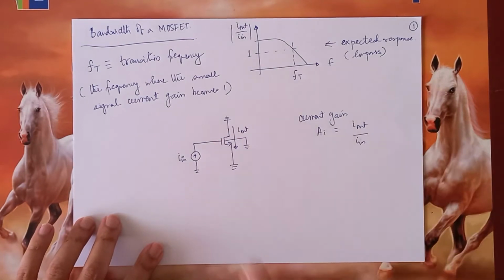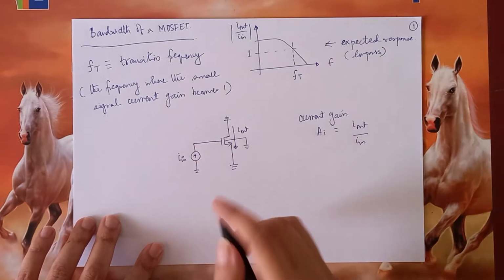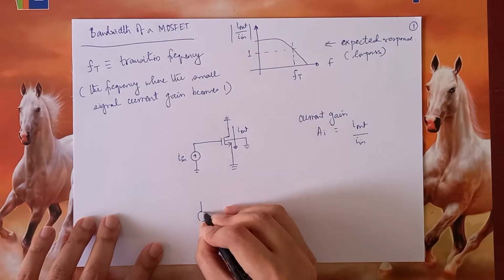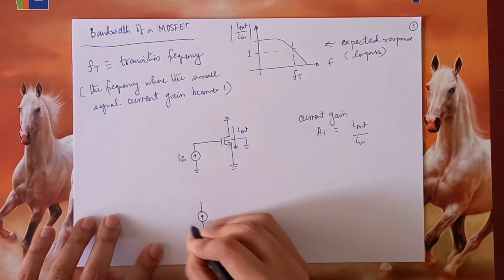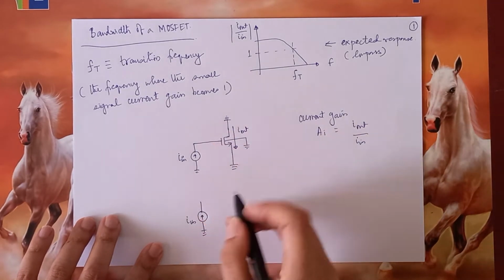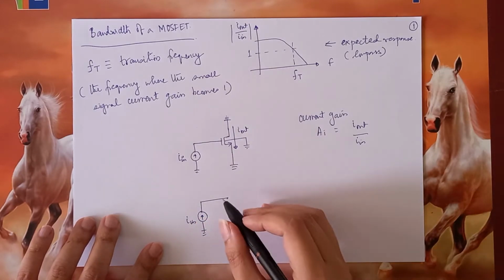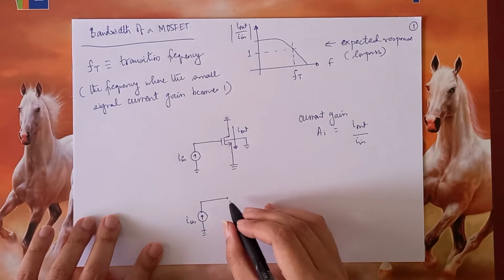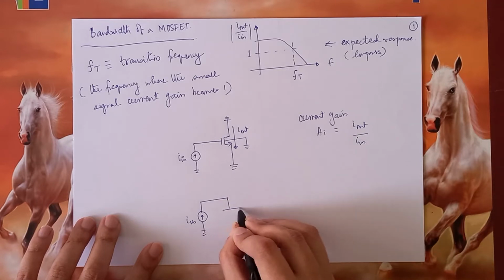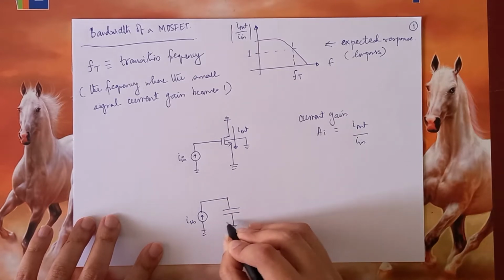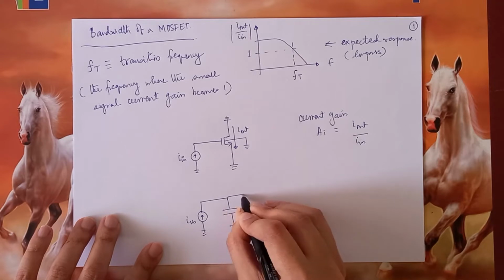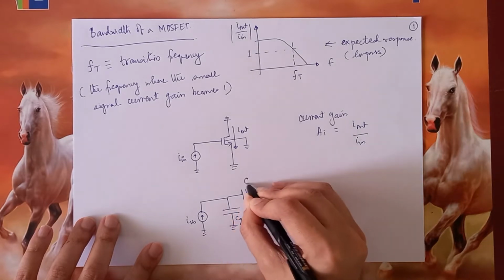So let us put the small signal model of the MOSFET over here. Let us start from the left. We have the current source I in. Then we come to the gate of the MOSFET. There are two capacitances essentially, one is the CGS, one is the CGD.